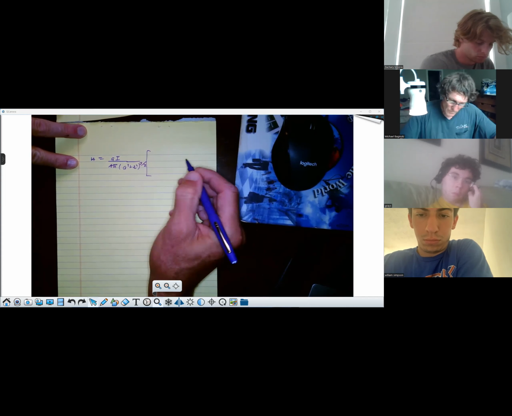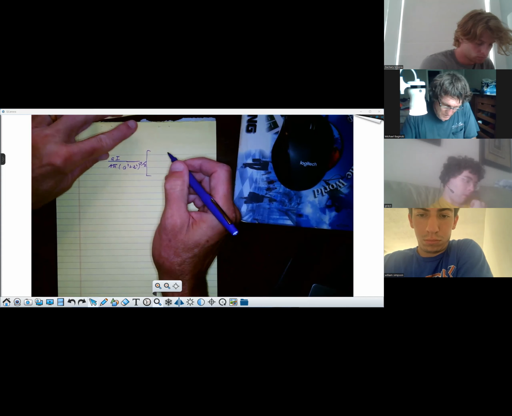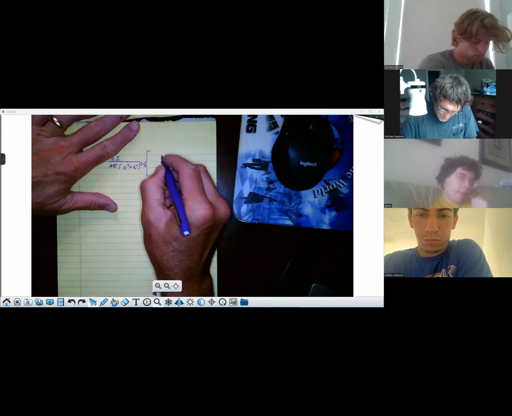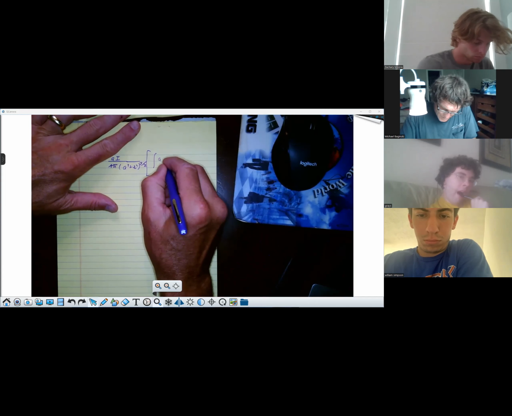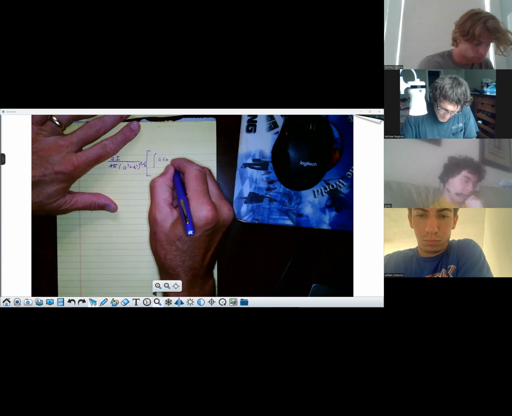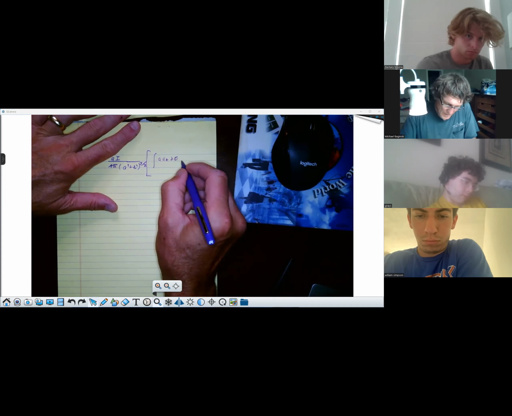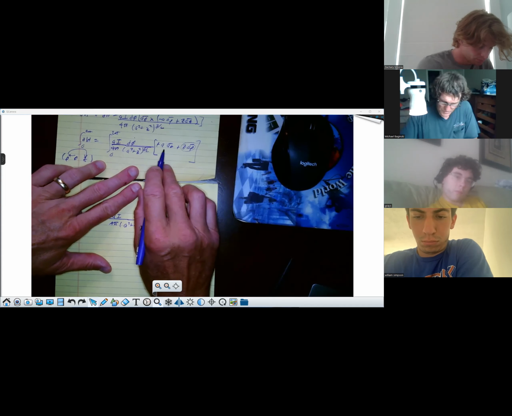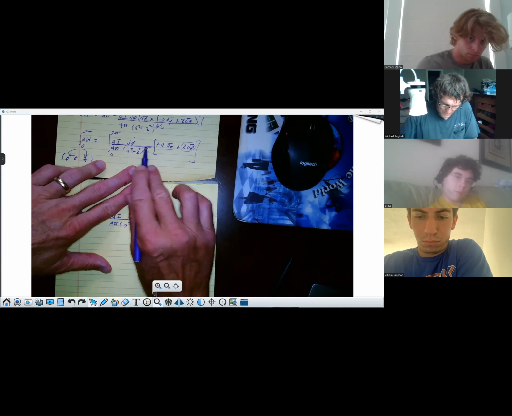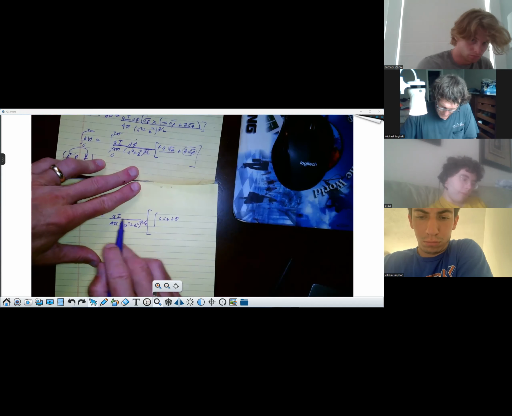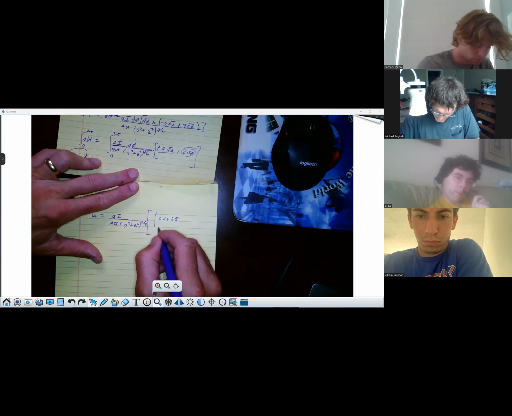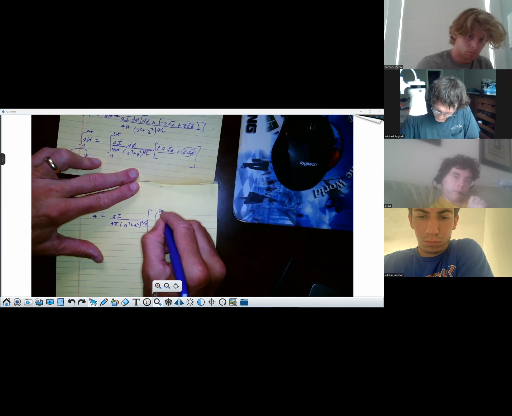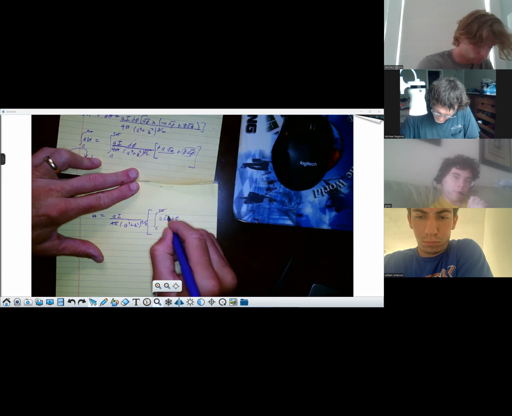Now, when I do the integration, it goes from A Z d phi, and that's this portion right here. I took A I out in front. It's from 0 to 2 pi. That will give me a term in the A Z direction.